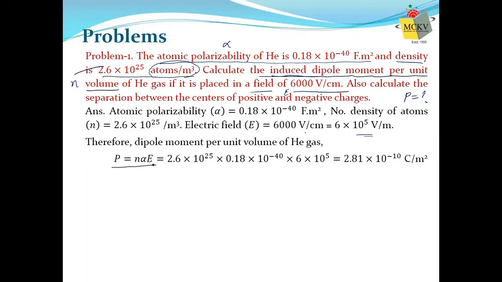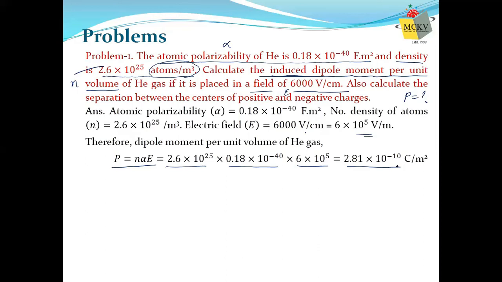We have already used this formula, P equals N alpha E. All the quantities are given here. N is supplied as 2.6 into 10 to the power 25, alpha this, and electric field this. If you put those values, you get the polarization vector as this, in coulomb per meter square. At the time of exam, if you are not certain about the unit, then write SI unit.